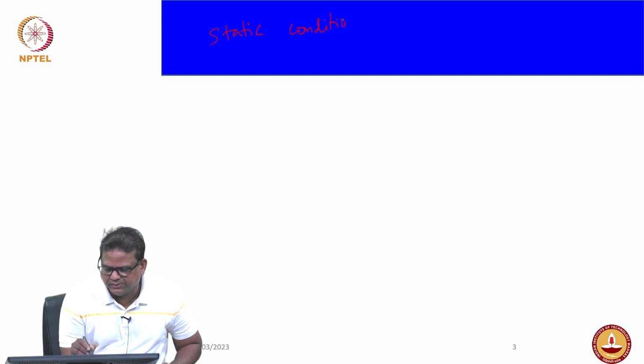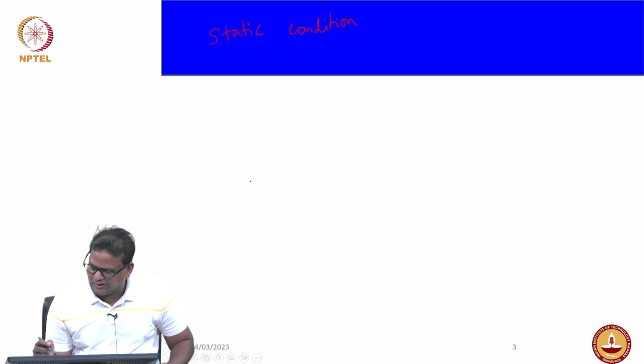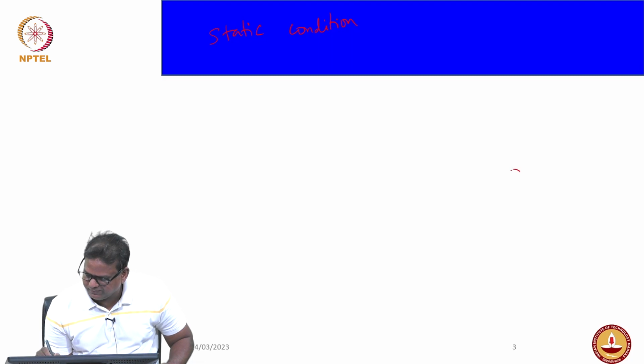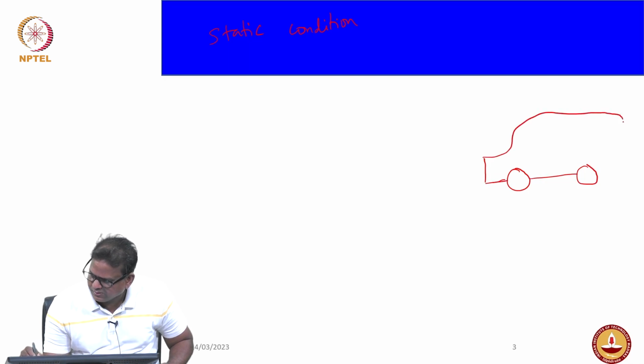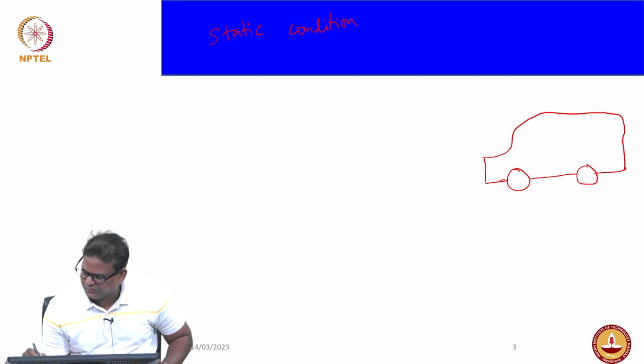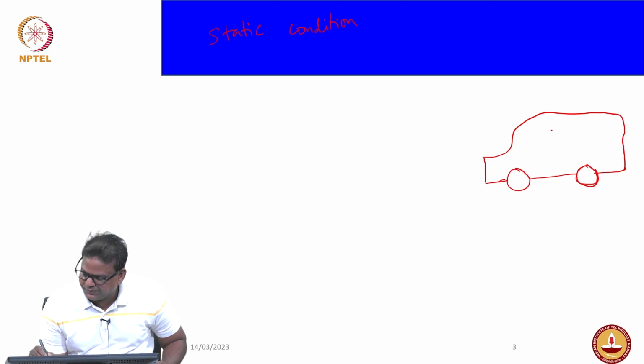So, I introduce certain terms also. Since we are talking about the two axle system, we have a wheel here, another wheel. Just a schematic diagram. So, this is your two axle vehicle. Probably you take it as a car, and this is the CG, the center of gravity of the car.